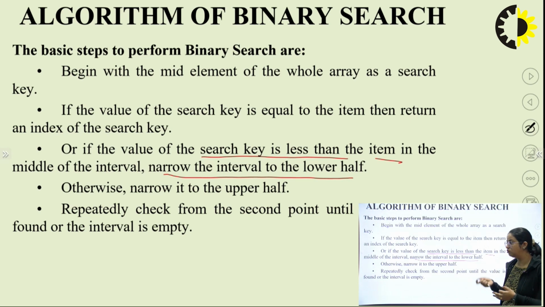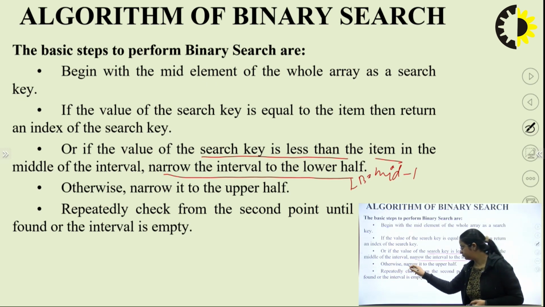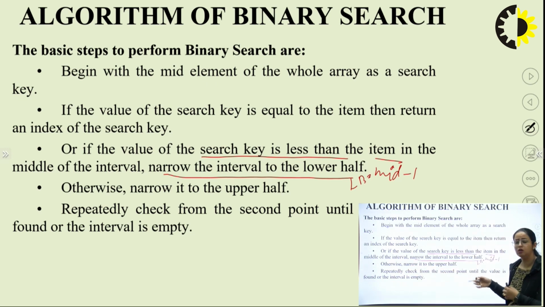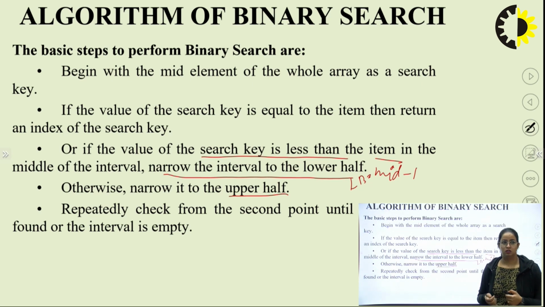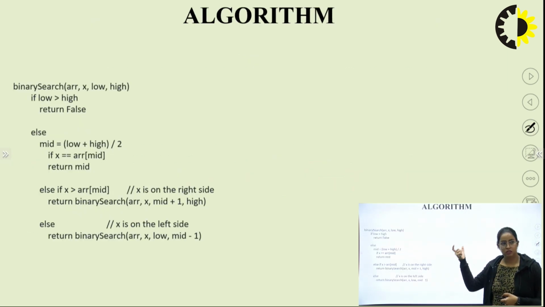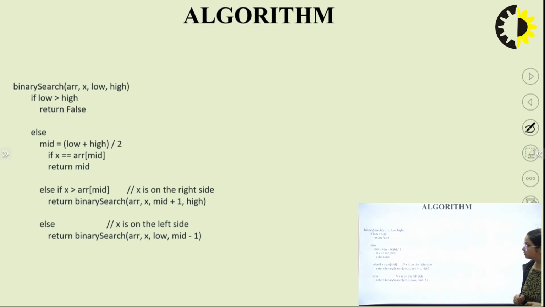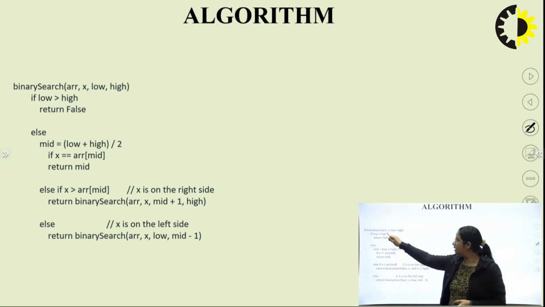That means we do mid minus 1, which updates the upper bound. Otherwise, if the key element is larger, then we check the other half, the upper half, and this process repeats until we get the searched element. So this is the basic algorithm code for binary search.